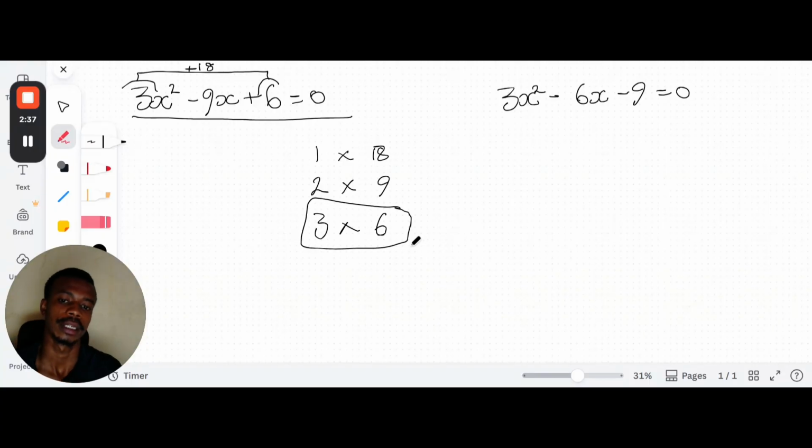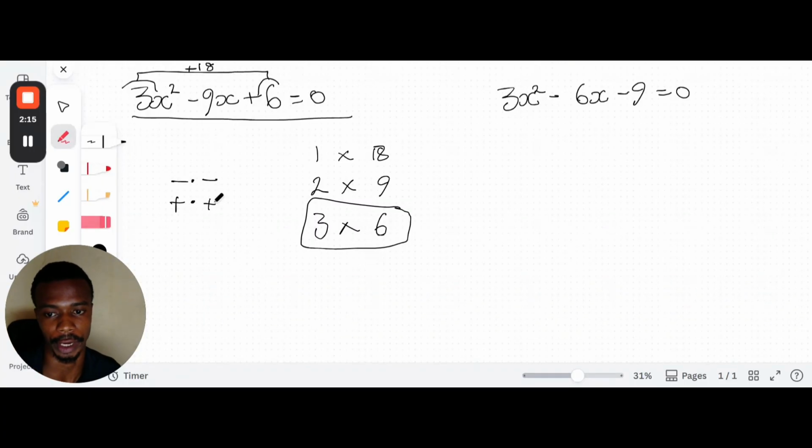All right. Now remember, we're also going to look for the sign. The sign we're looking for is plus 18. Now, what sign is going to give us plus? We have seen that minus times minus gives us plus. We have also seen that plus times plus gives us plus.